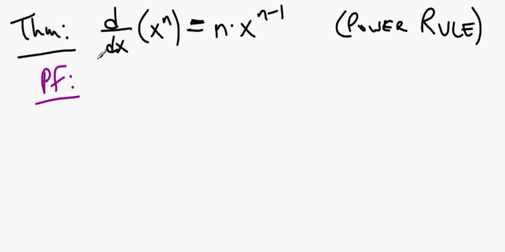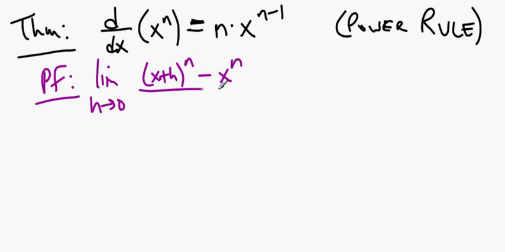Let's try to prove it. Take the limit as h approaches 0 of our function at x plus h minus our function at x over h. And then it boils down to how you factor the difference of two nth powers. And this is where the algebraic fun comes in.